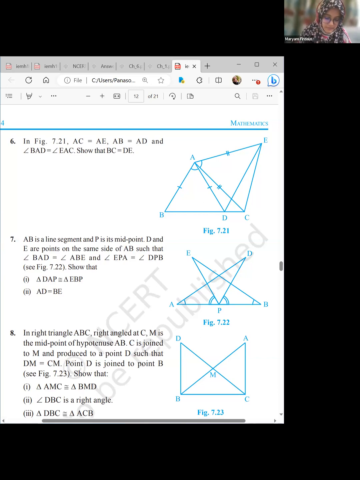Angle P is equal to angle P. It's not angle P, bache. You have to say the full name. What is the name of that angle? Which two angles are equal? Which two angles are we talking about here? Say the full name of the angle. Now, there's a short name and there's a full name. Say the full name like this.